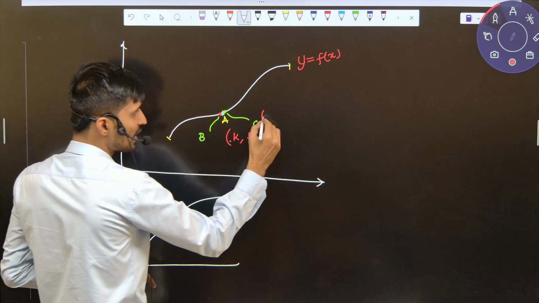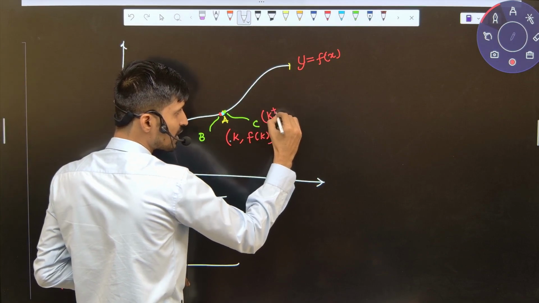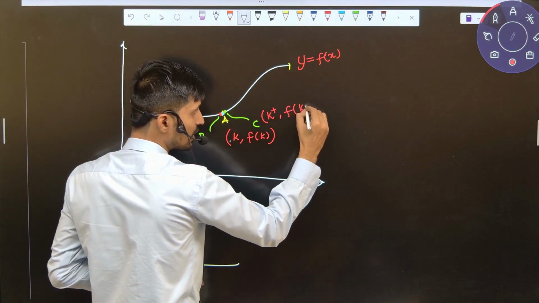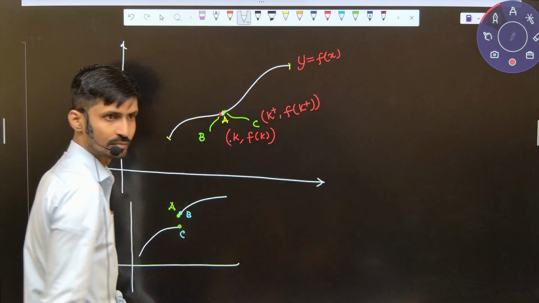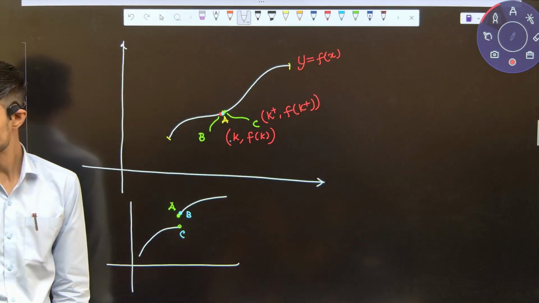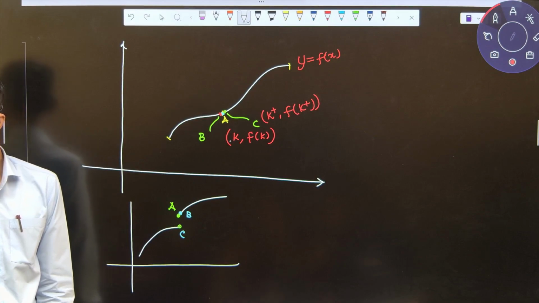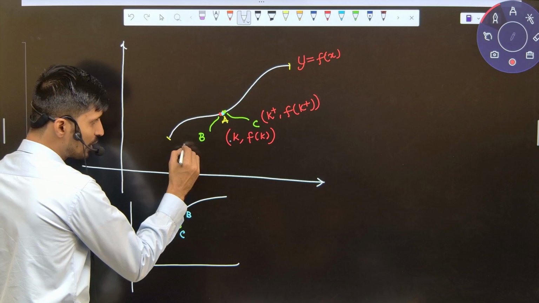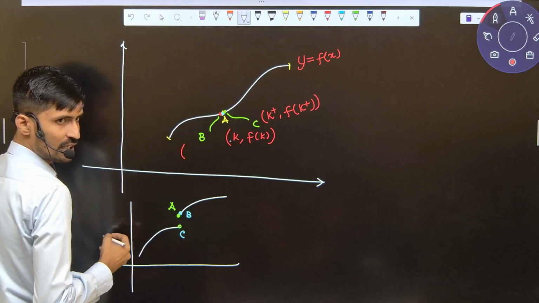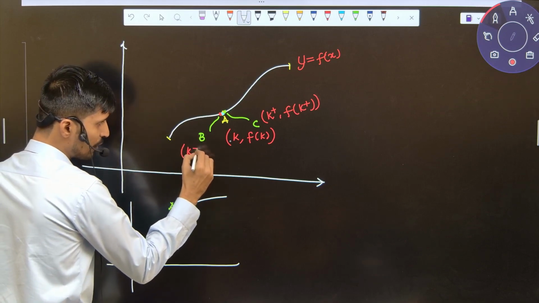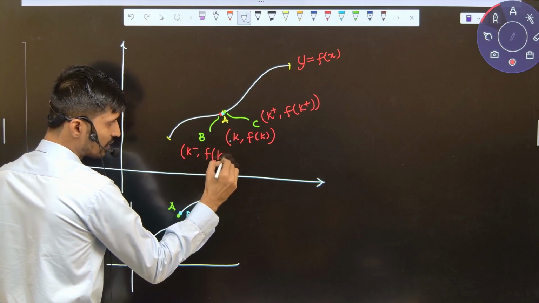Yes? So here the x coordinate will become k plus. Now B coordinate, can you tell me what will be the x coordinate? Very good. K minus. What will be the y coordinate?